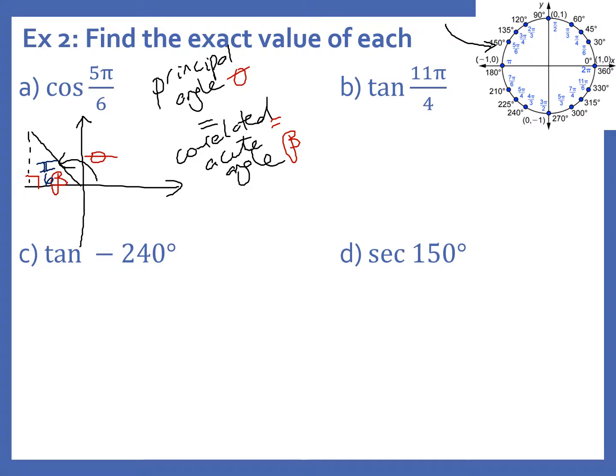And if you look back at your special angles, you are going to realize that that goes with your pi over 6 triangle. So that has a hypotenuse, or like the radius, the r value of 2. And then across from pi over 6 is 1. And adjacent to the pi over 6 is root 3.